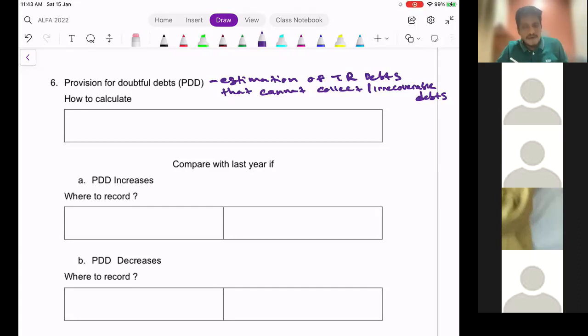Okay, so first you need to know how to calculate the provision for doubtful debt. The formula is you take your trade receivable. Okay, it's a net trade receivable. What is a net trade receivable? Anybody know?